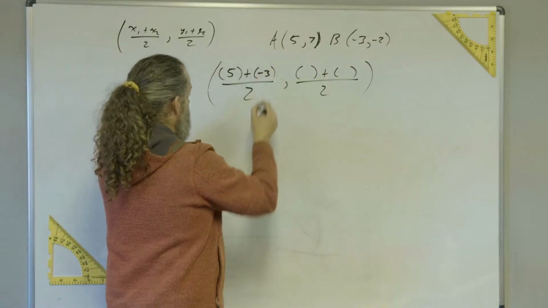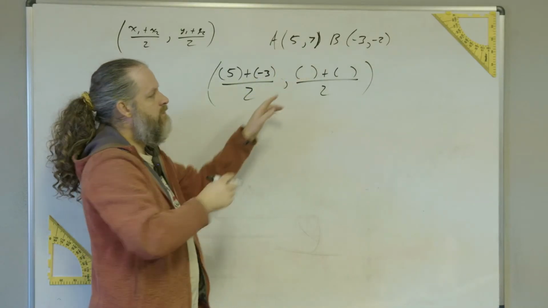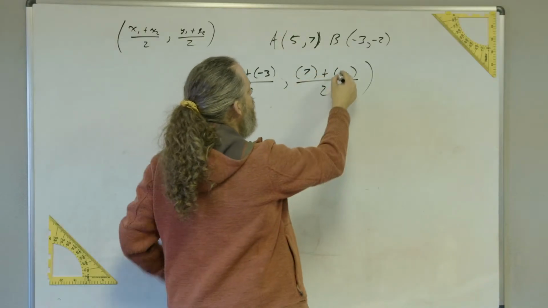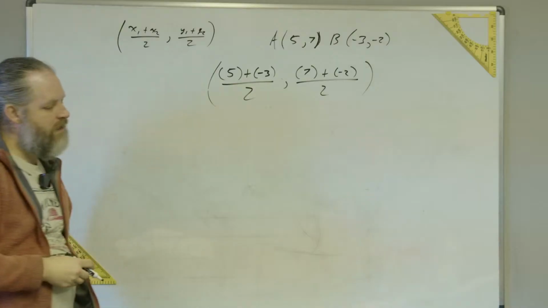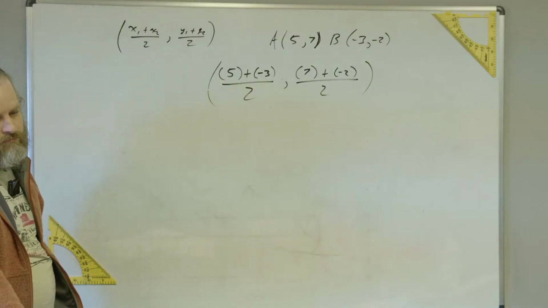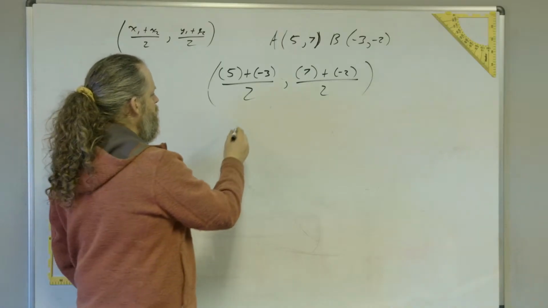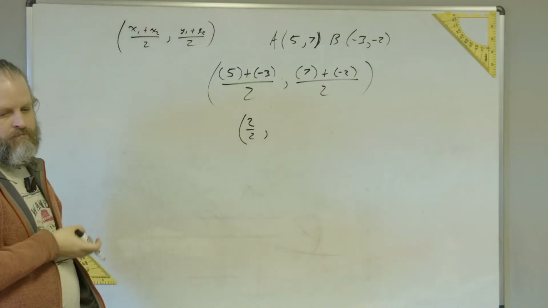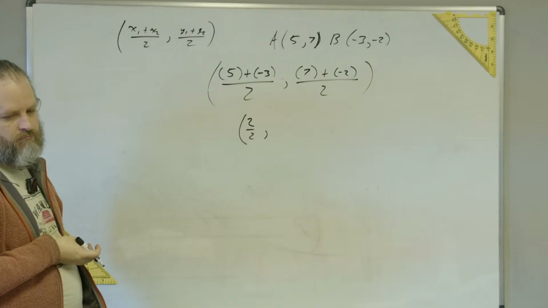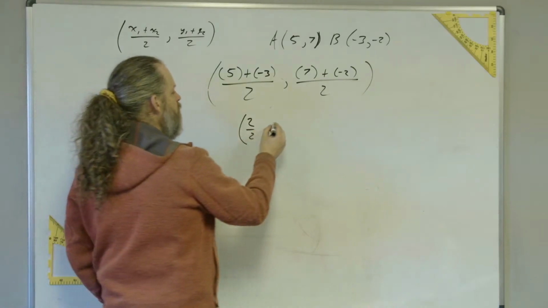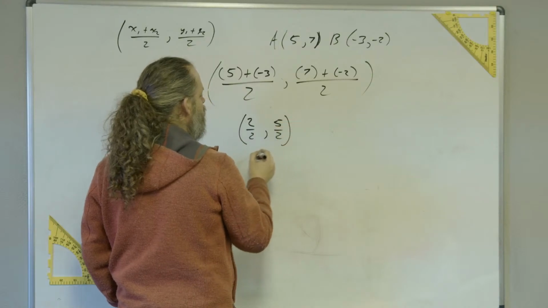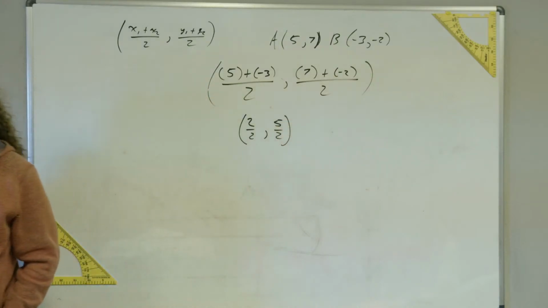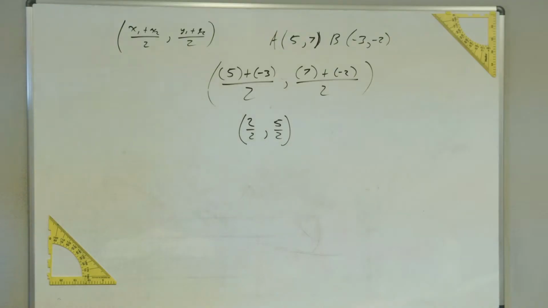Yes. What about this one? 7 and -2. What's 5 plus -3? 2. And what's 7 plus -2? 5. Does either one of those reduce? What is 2 over 2?